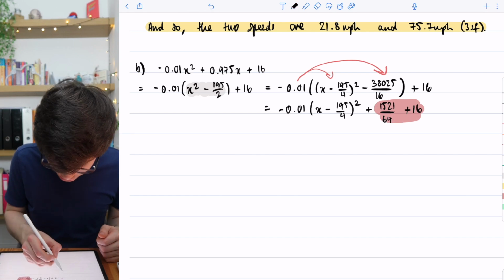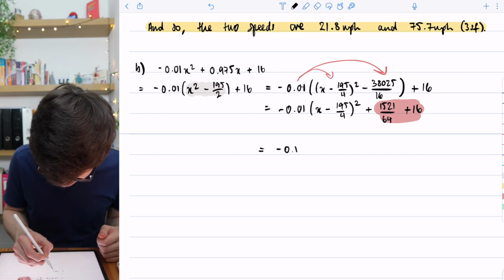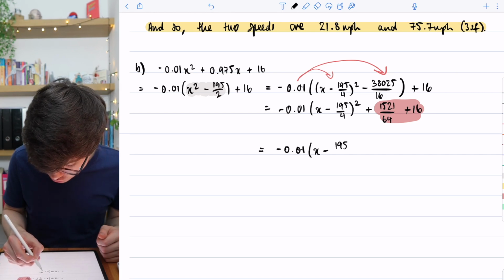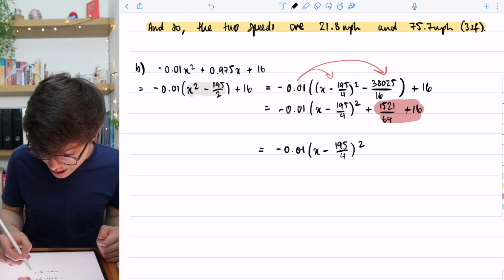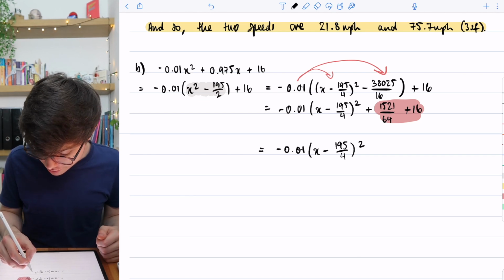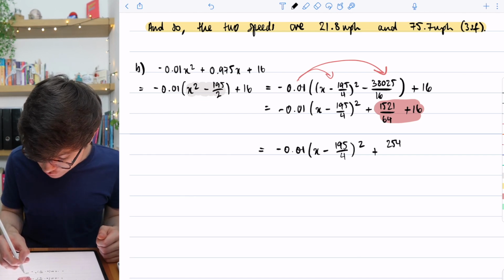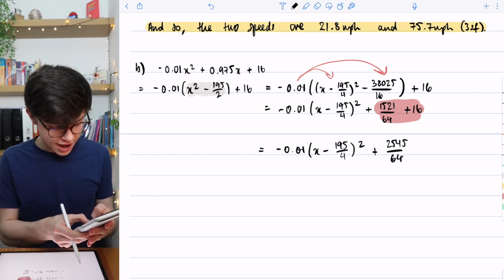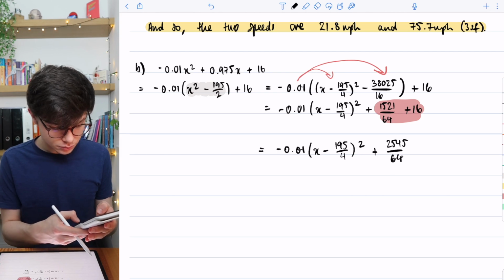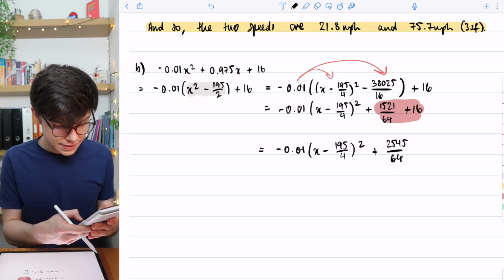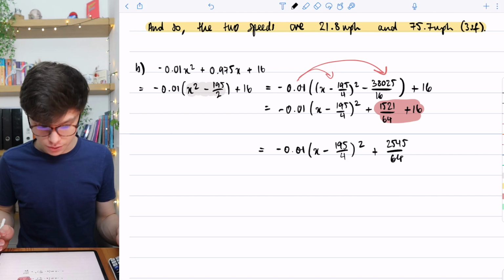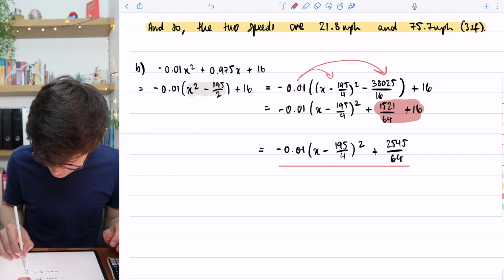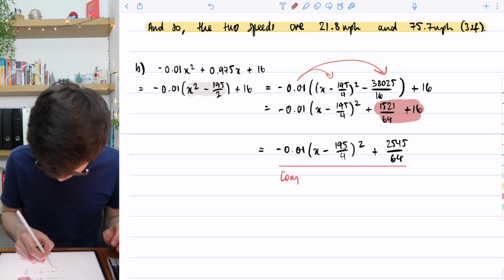When I do that, I will get minus 0.01 times x minus 195 over 4 squared, and if we add those together, I should get 2,545 over 64. We can just double check that on a calculator, which it is correct. Okay, so we've now got that, and I'll write it underneath. That is in completed square form.